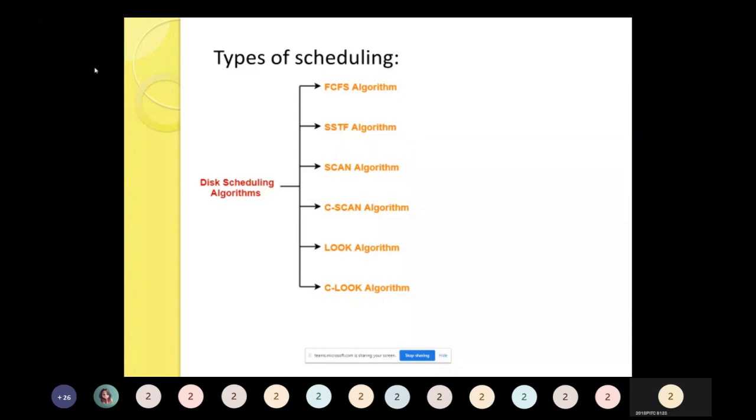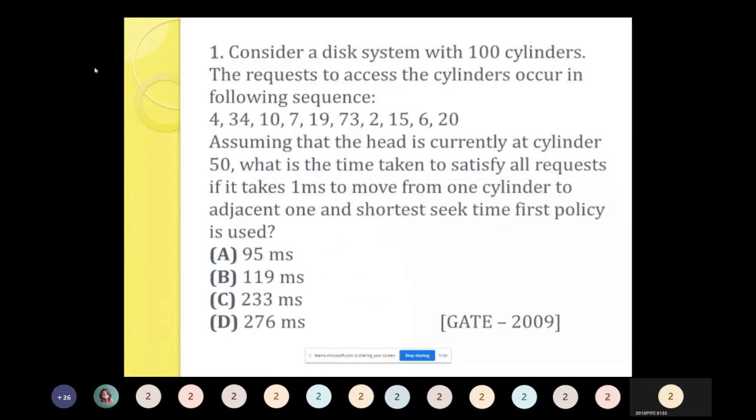First, you have to read the question very clearly, understand it and get the answer. The question is: consider a system with 100 cylinders. The requests to access the cylinders occur in the following sequence: 4, 34, 10.